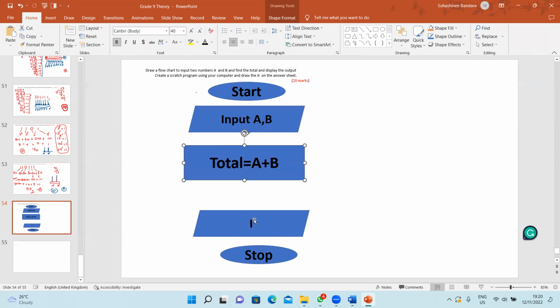Then we take it as output total. That's all.